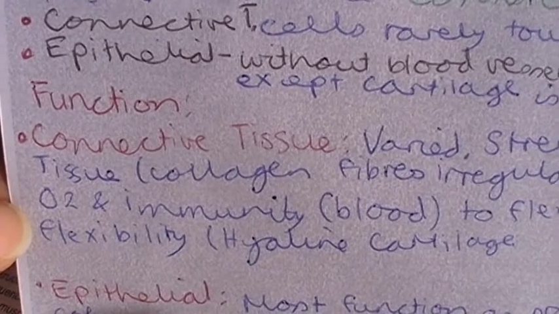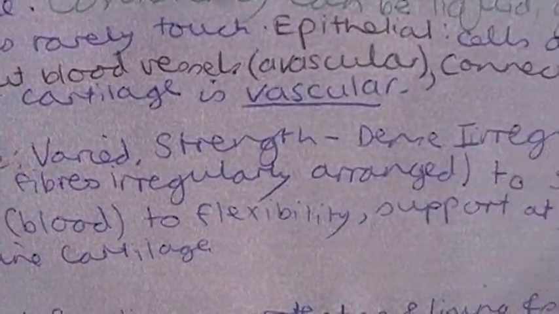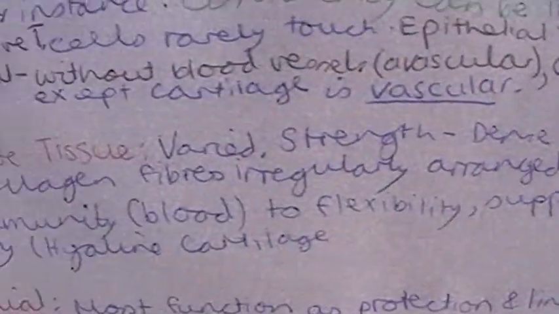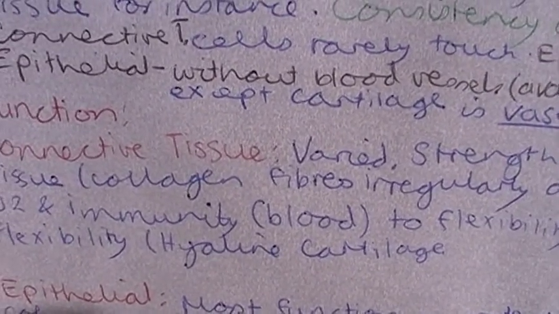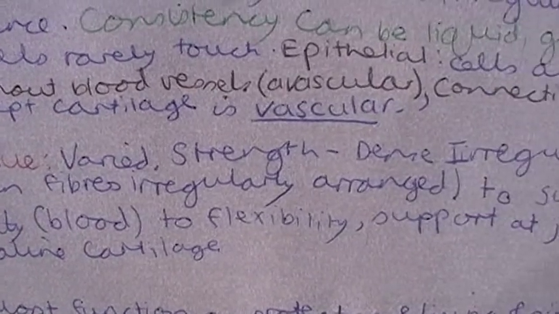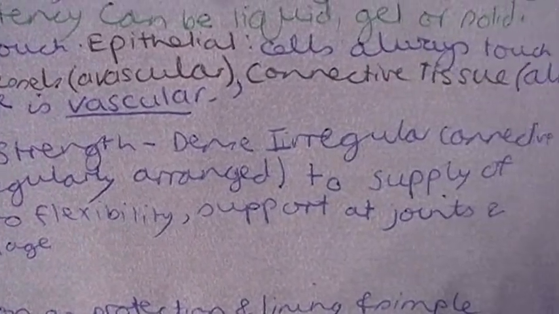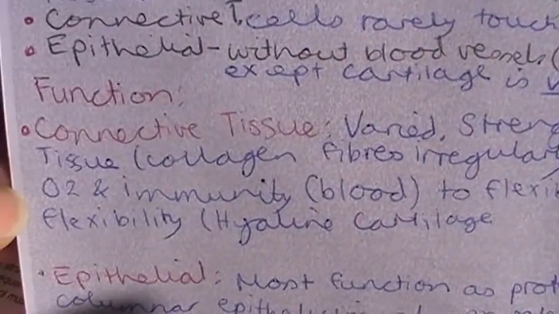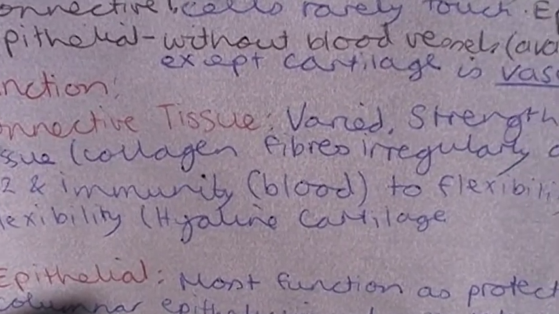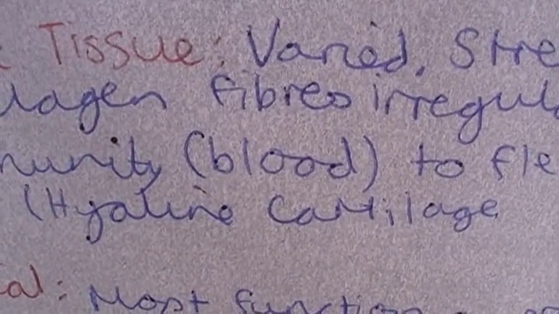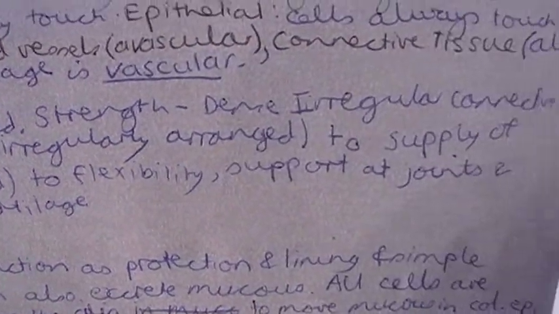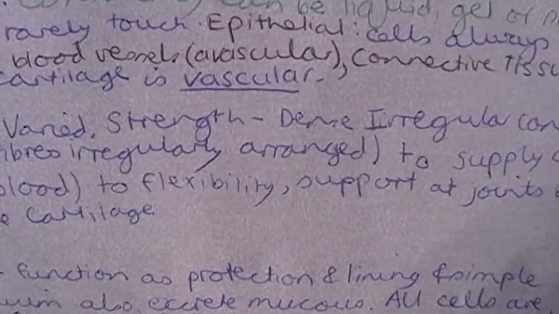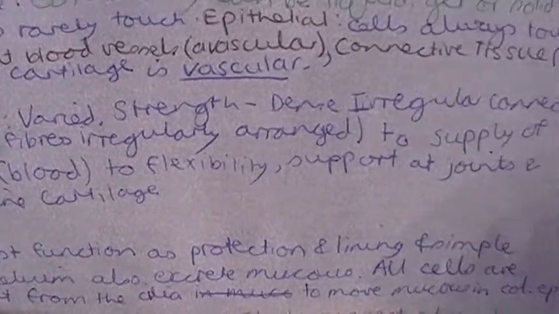Why? Which ones are most flexible and provide support in their flexibility? The hyaline cartilage is an example of flexible and support at joints.